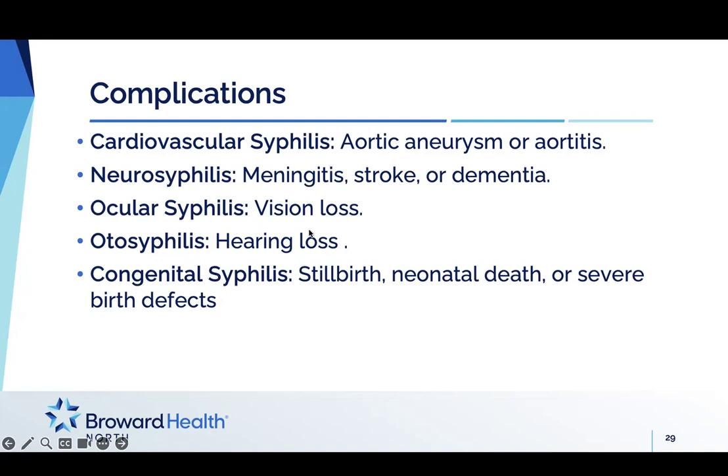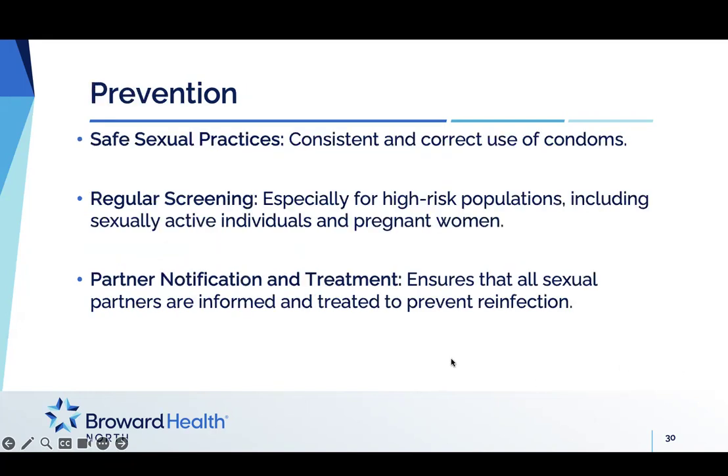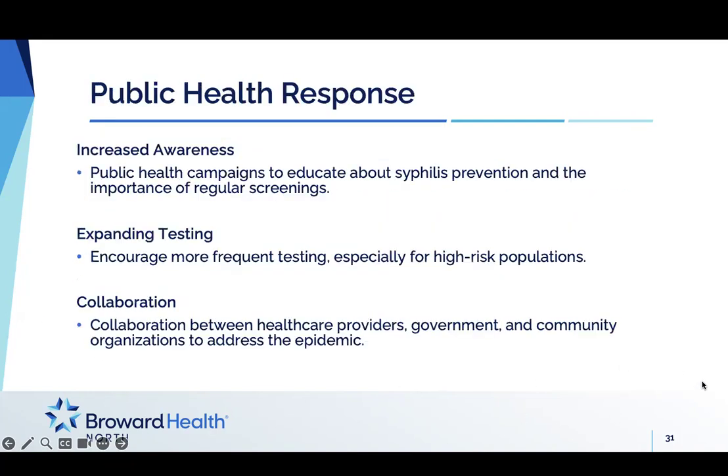and congenital syphilis. I wanted to mention again the most important complications that we want to avoid with these treatments. Prevention and the public health response are important. We need to increase awareness of this disease, making campaigns and educating people.